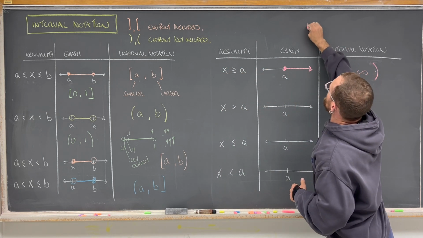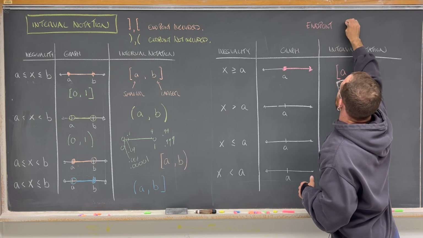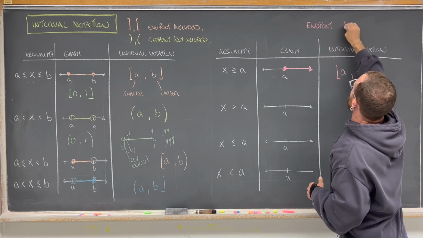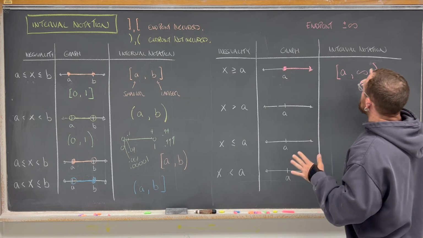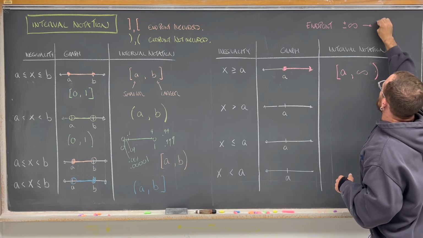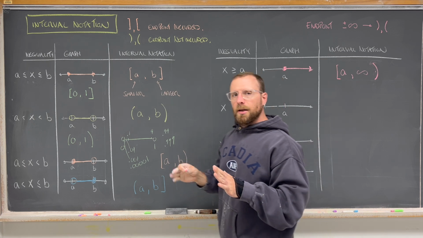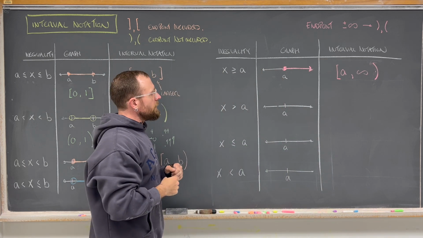So whenever you see an endpoint, whether it's a positive infinity or a negative infinity, it'll always have an open parentheses. Okay? It'll either have one of these two symbols. It'll never have a bracket associated with an infinite endpoint.